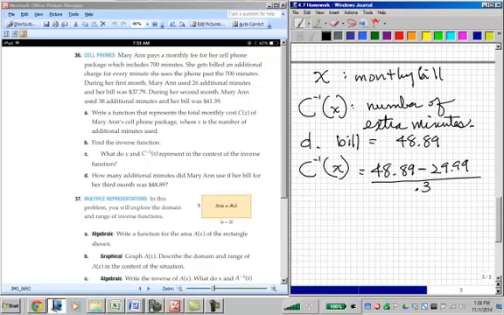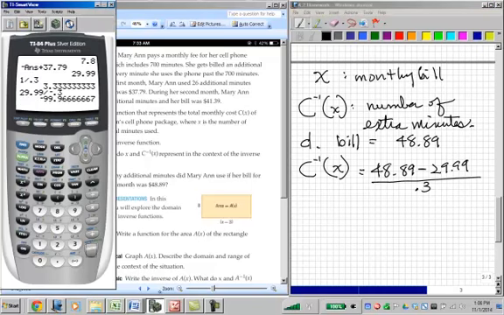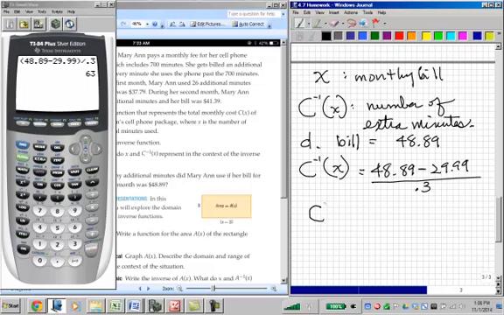All right, let's get the calculator. Let's clear out all of this. So 48.89 minus 29.99, close parenthesis, divided by 0.3. And so that is 63.